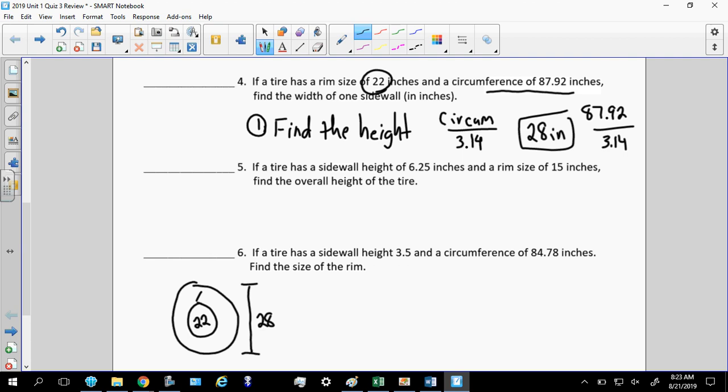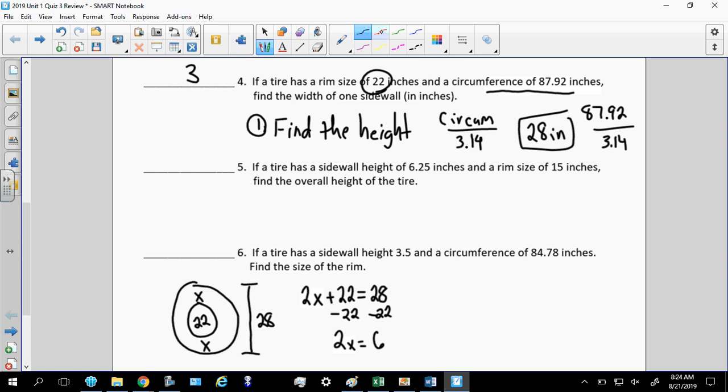And I'm looking for my sidewall height. Now remember, x plus 22 plus x gives me 28. Now this is mental math, but let's say you're not good at mental math. So off to the side here, I'm going to write, okay, 2x plus 22 is equal to 28. Subtract 22, subtract 22. You get 2x is equal to 6. X is equal to 3.